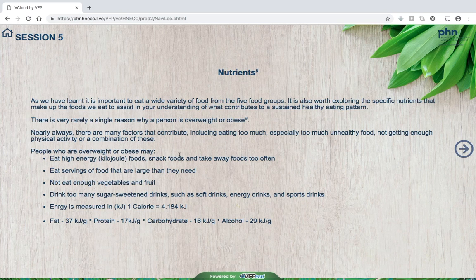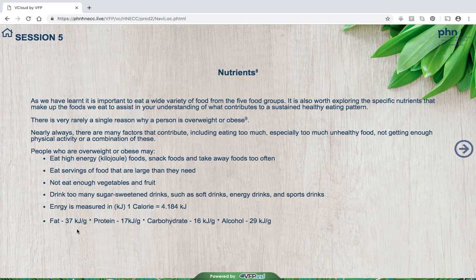It describes high energy foods, snack foods and takeaway foods that are too high and too energy dense. It talks about eating serves of food that are larger than they need, and not eating enough fruit and vegetables, and drinking too many sugar sweetened drinks, and that energy is measured in kilojoules.